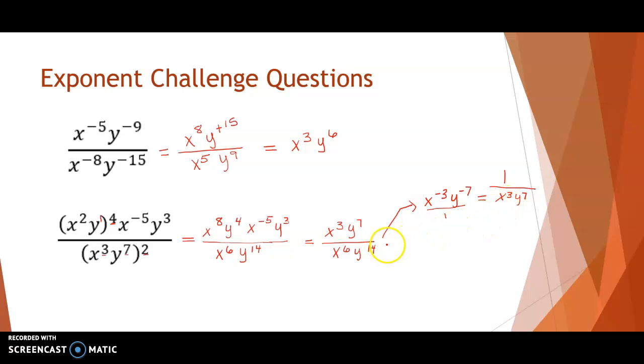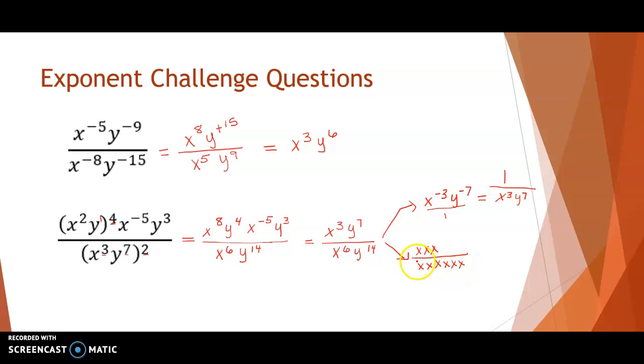Now I want to take us and look at a second approach. So going a different way, I'm going to end up with the exact same answer. I know that multiplication and division cancel each other out. So when I look at the x's here, I recognize that x to the 3rd is literally 3 different x's in the numerator of this fraction, and x to the sixth is 6 different x's in the denominator of this fraction.